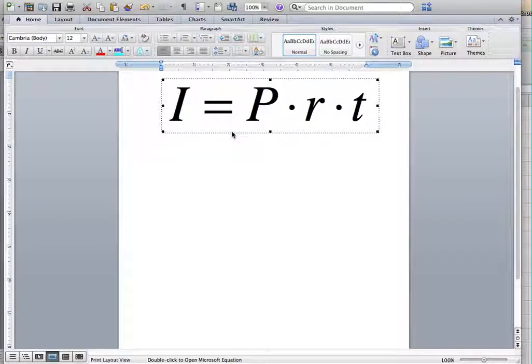On the other hand, if you keep the interest rate R and the time constant, R say at 2.5% and T at say 20 years, then I is directly proportional to P. If you double P, the amount you deposit, you'll double the interest that you earn. If you triple P, the initial deposit, you will triple the interest that you earn.